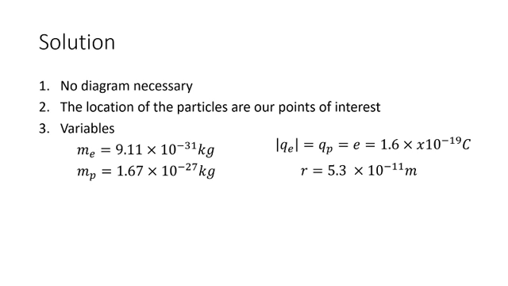So for the gravitational force, I need the mass of the electron and the mass of the proton, which I had in the electric force video, and the charge of the electron and the charge of the proton, which are both equal to the elementary charge of 1.6 times 10 to the minus 19th coulombs. The separation distance, from the center of the proton to the center of the electron, is approximately 5.3 times 10 to the minus 11th meters.